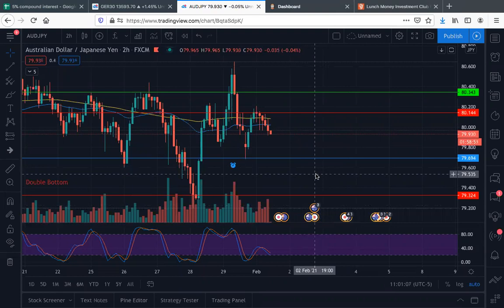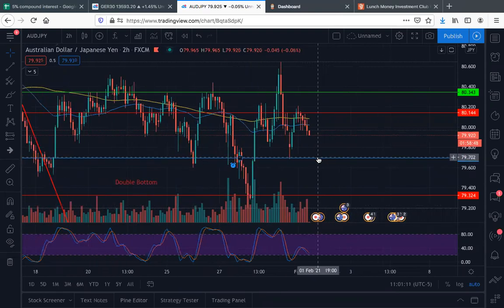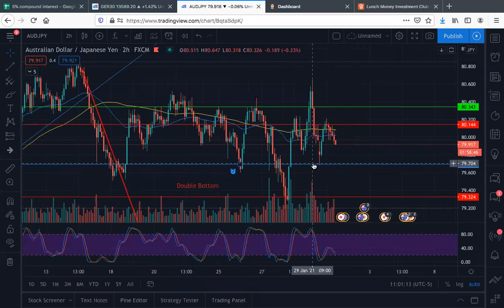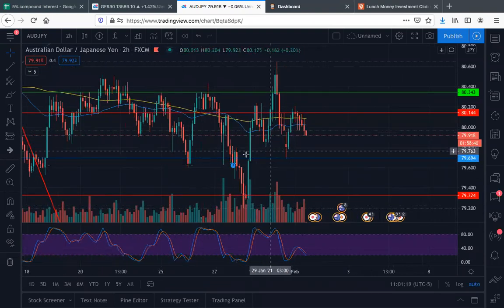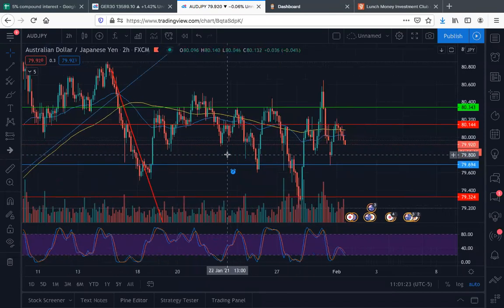Y'all, the market has had enough time to open up, kind of show us a little bit in reference to the direction that it's headed in. All right, right now we're looking at AUD JPY. We're going to start off with some Forex pairs.